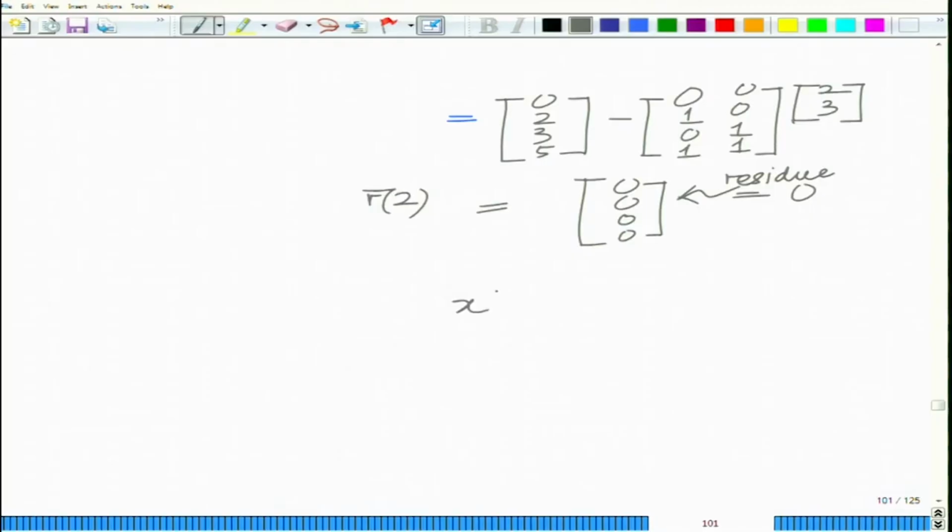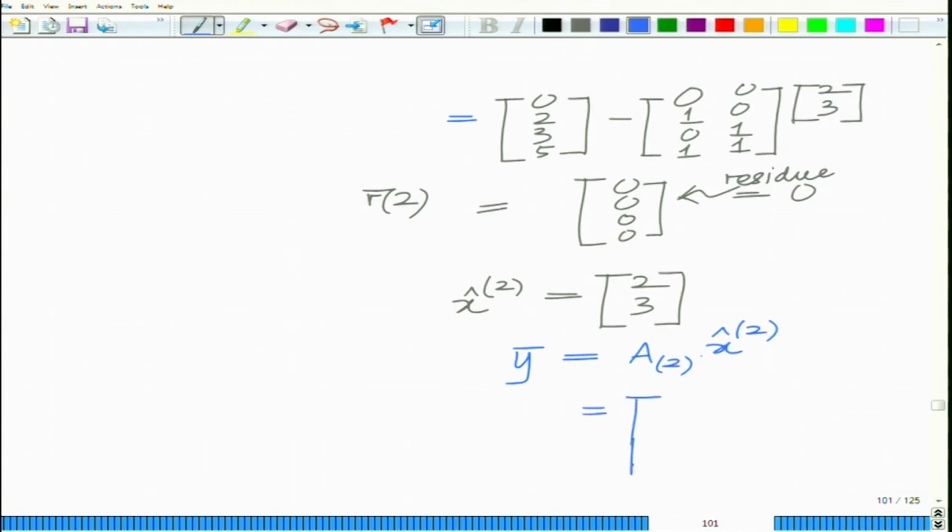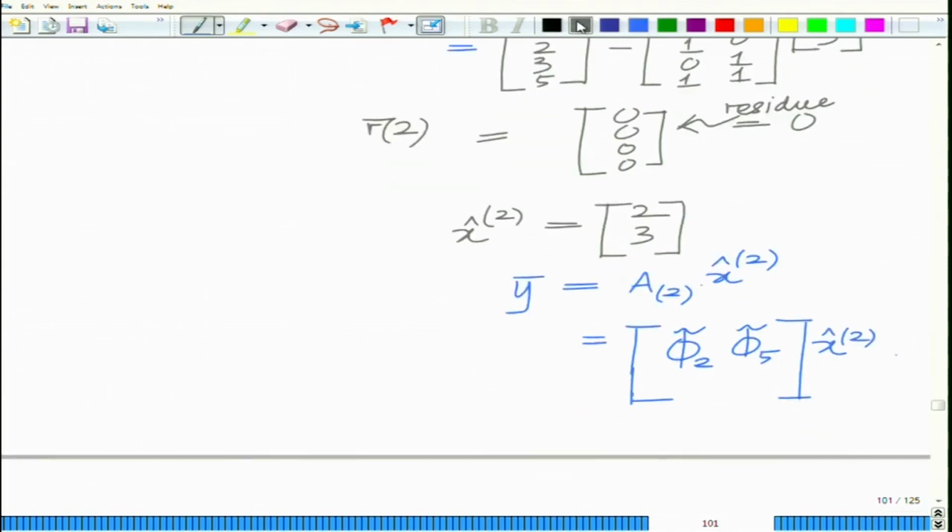Therefore, your x hat 2 for the second iteration, we have y bar equals A2, which has two columns, phi 2 tilde and phi 5 tilde, into x2.